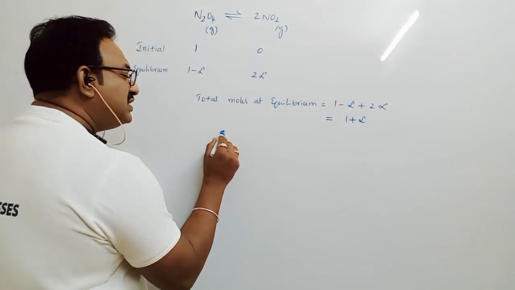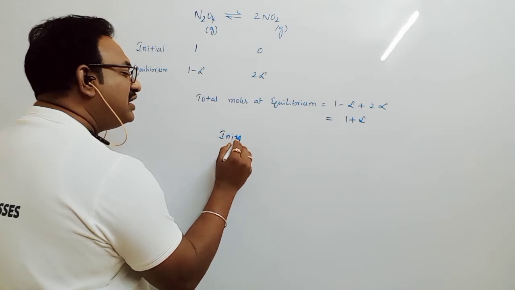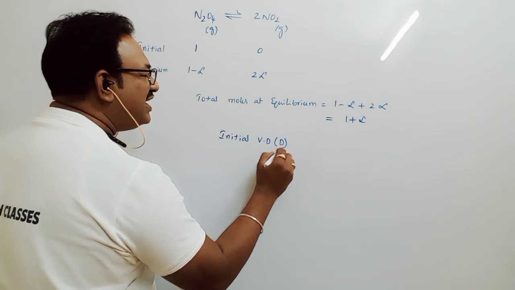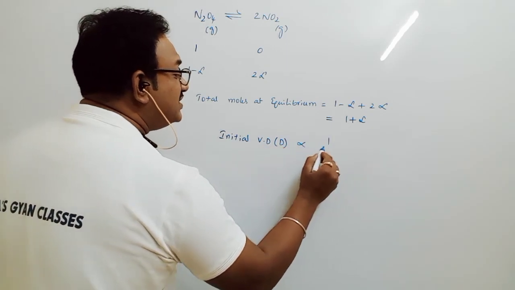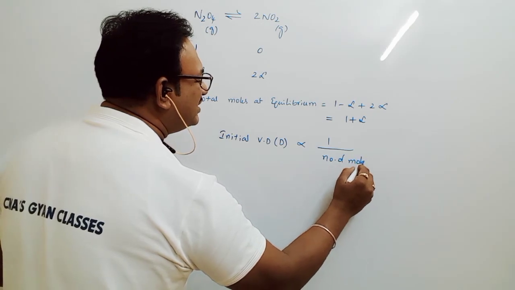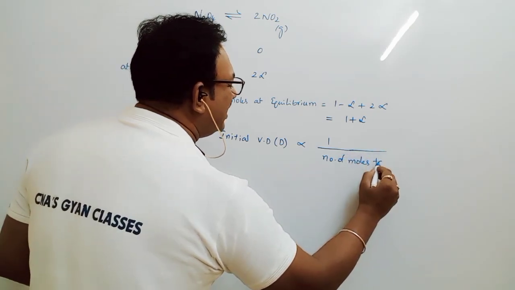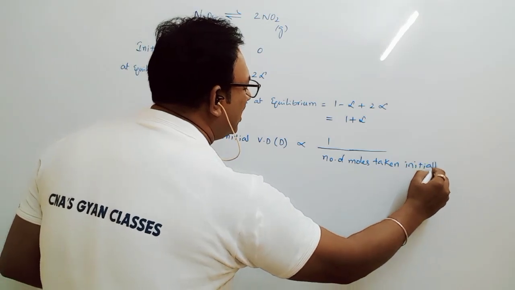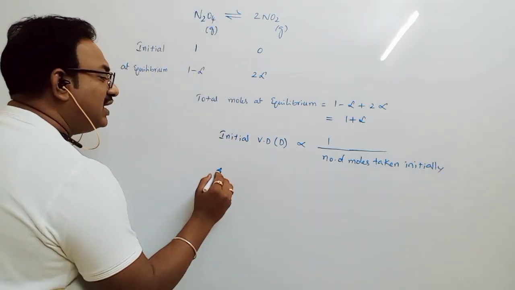Now, if you consider initial vapor density, that is taken as capital D, it is inversely proportional to number of moles taken initially.